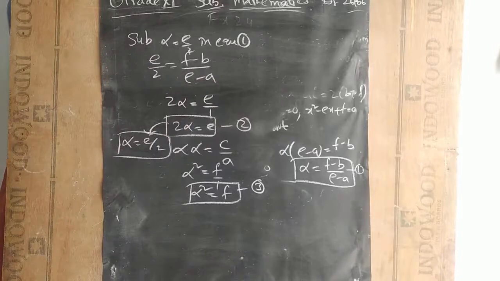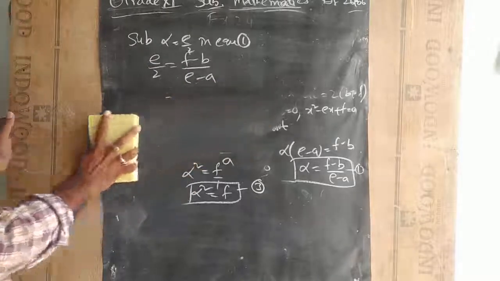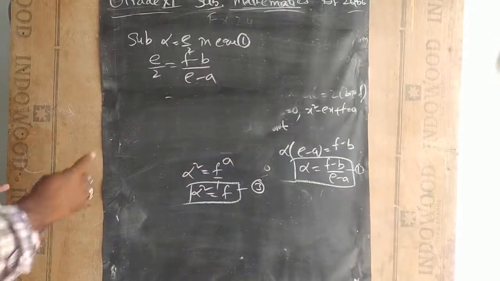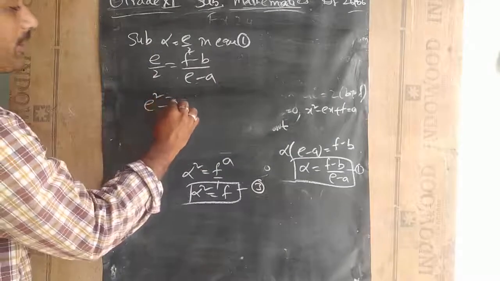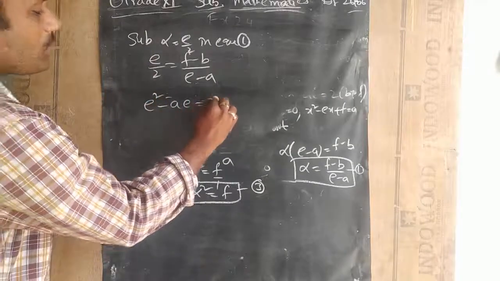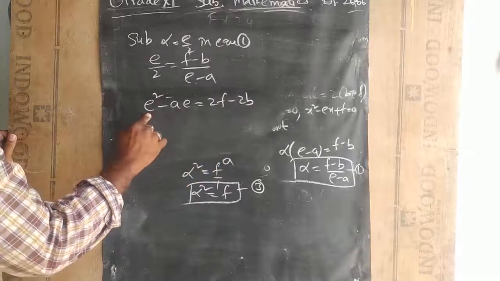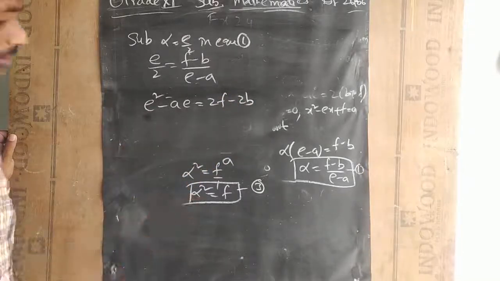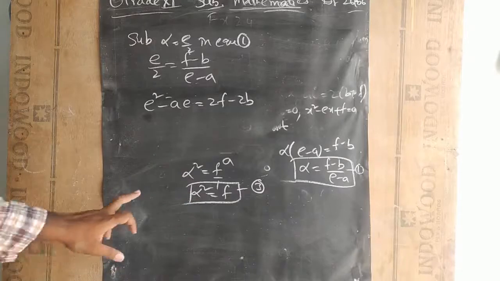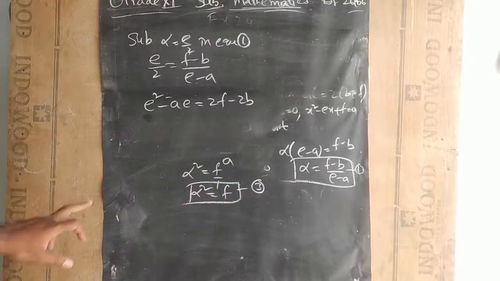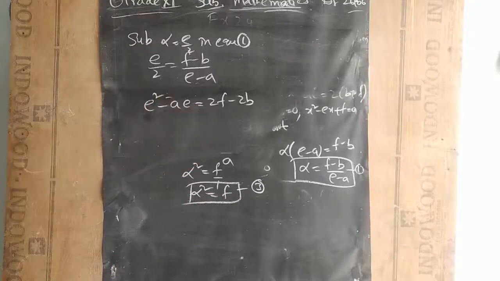Let us cross multiply. e square minus ae is equal to 2f minus 2b. In place of e square, we have here alpha square is equal to f.